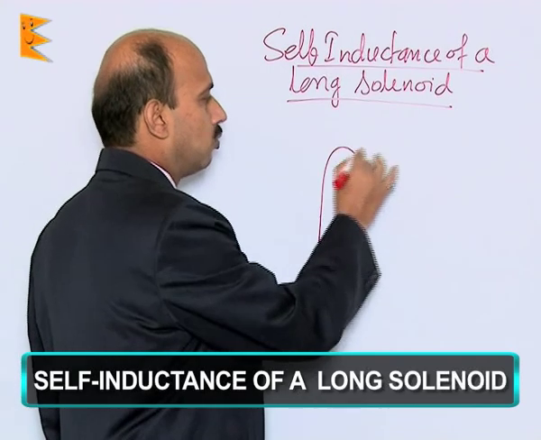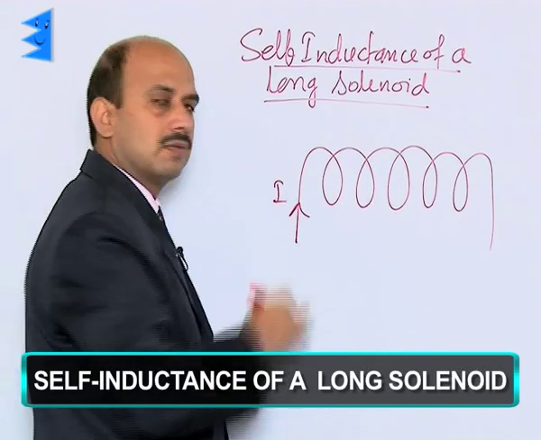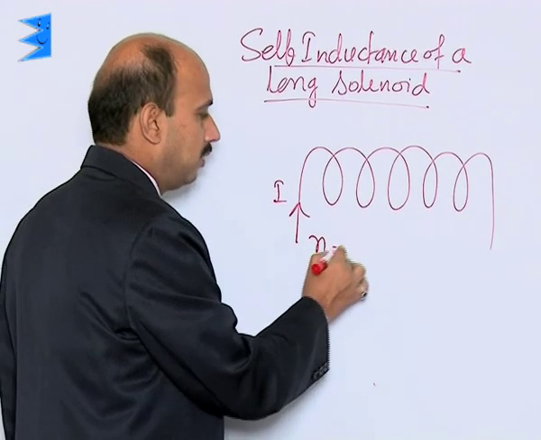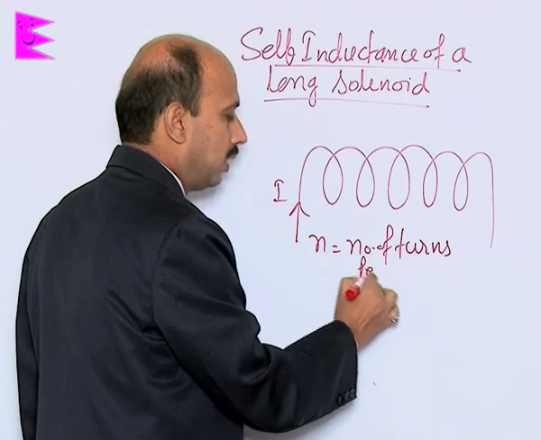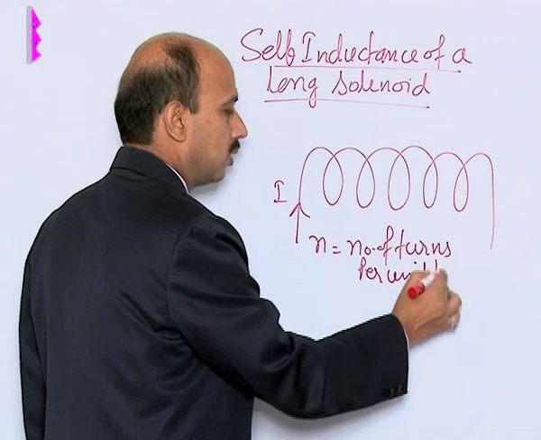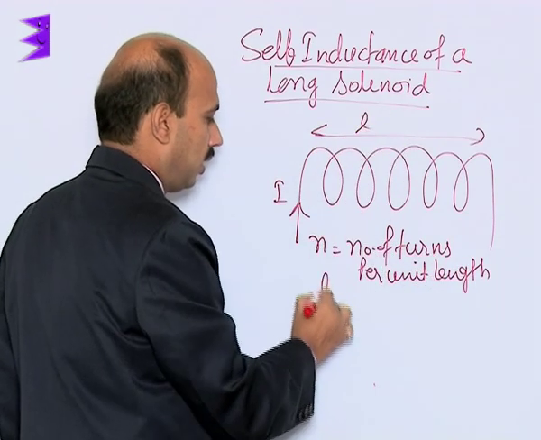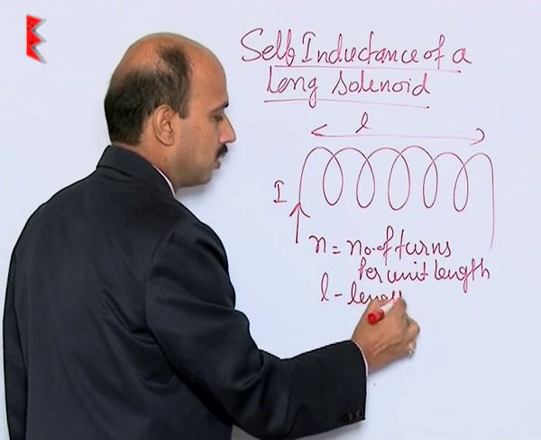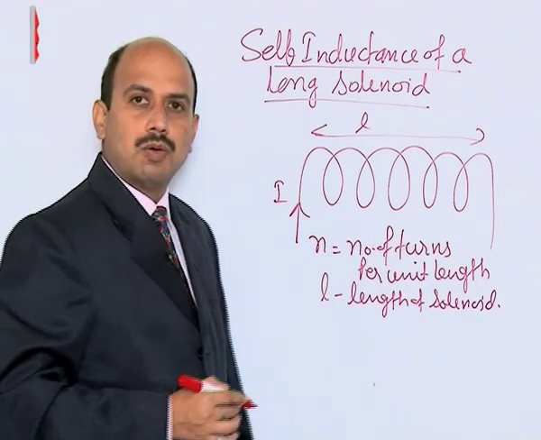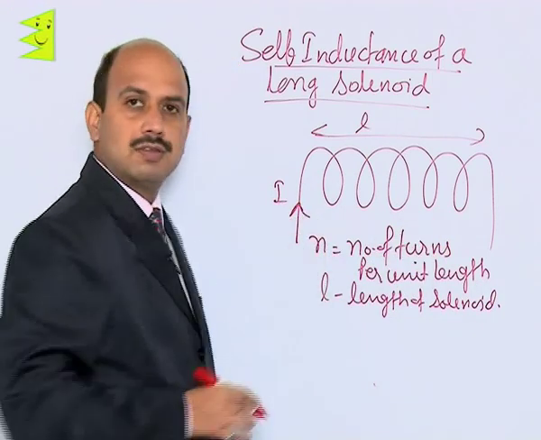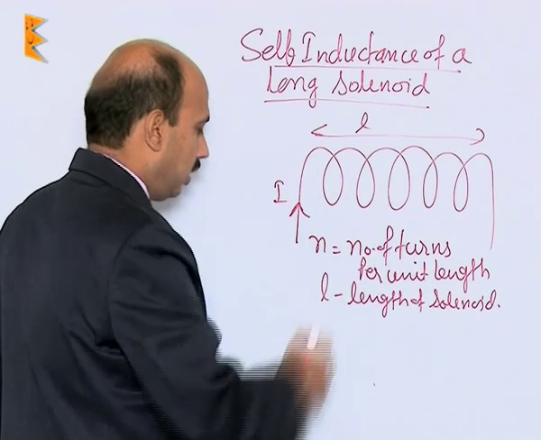Suppose you have taken a long solenoid like this, current I is flowing through this, n is the number of turns per unit length, and L is the length of the solenoid. Now, when current I flows through this, magnetic flux is linked with the whole long solenoid.